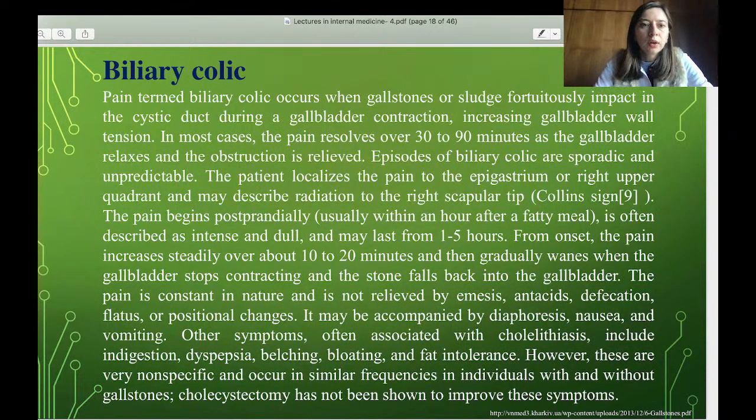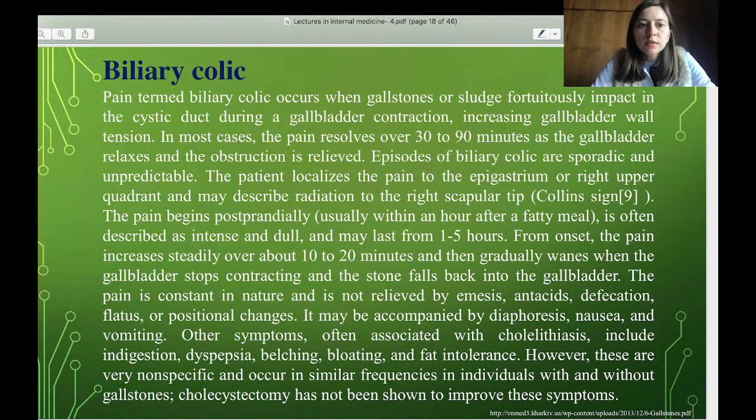And about biliary colic. Pain termed biliary colic occurs when gallstones or sludge fortuitously impact in the cystic duct during a gallbladder contraction, increasing gallbladder wall tension.